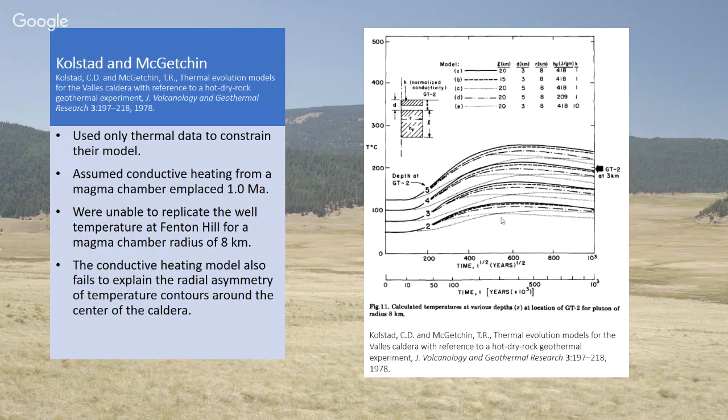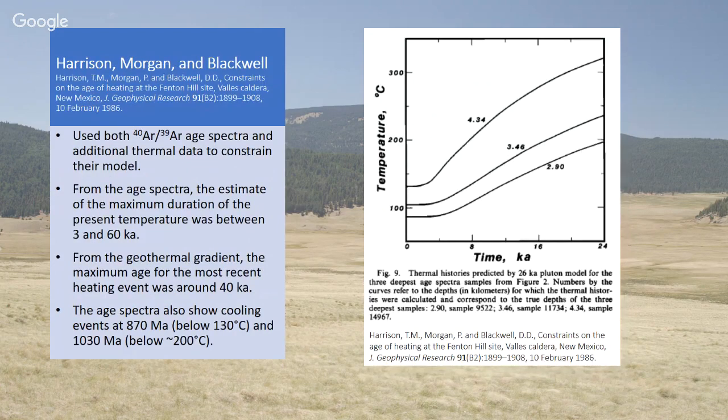And to give you an idea, this arrow right here shows the current temperature at 3 kilometers, 197 degrees. And you can see their 3-kilometer model only peaks out somewhere here in the mid 150s. So it never even gets close really to that level, and it has a temperature that slowly rises and is relatively constant for a period of time. So that's the first reference. The second reference is by Harrison, Morgan, and Blackwell.